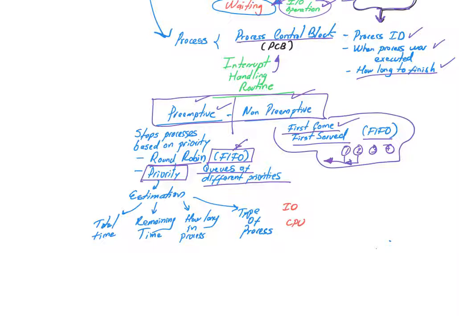So with these queues of different priorities, for example, we could use round robin to go through each one of those queues. Let's say that this is the queue of processes. We could do round robin just to assign time to each queue, and then in each queue we have a priority, and we can assign time given that priority.